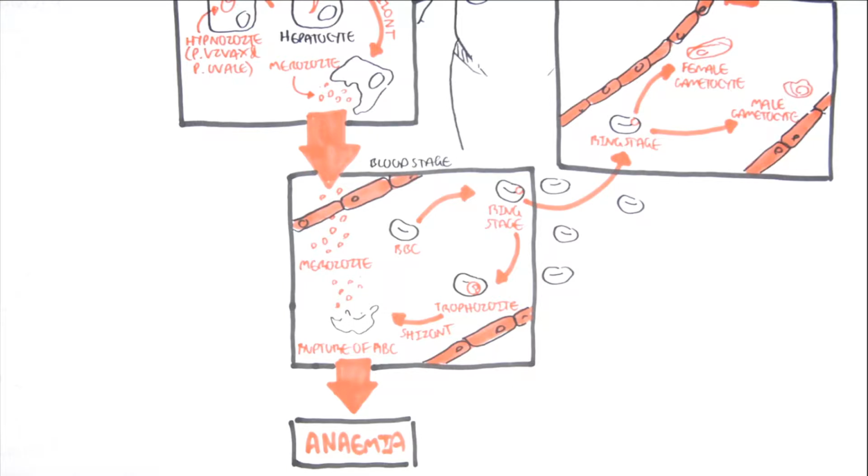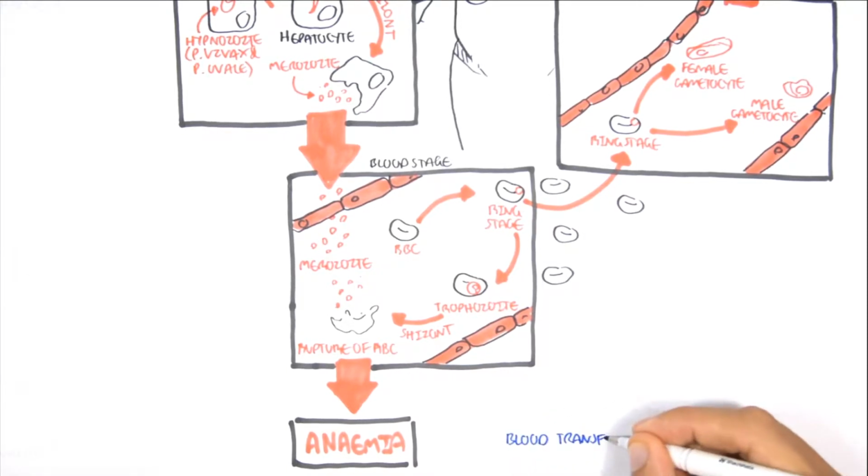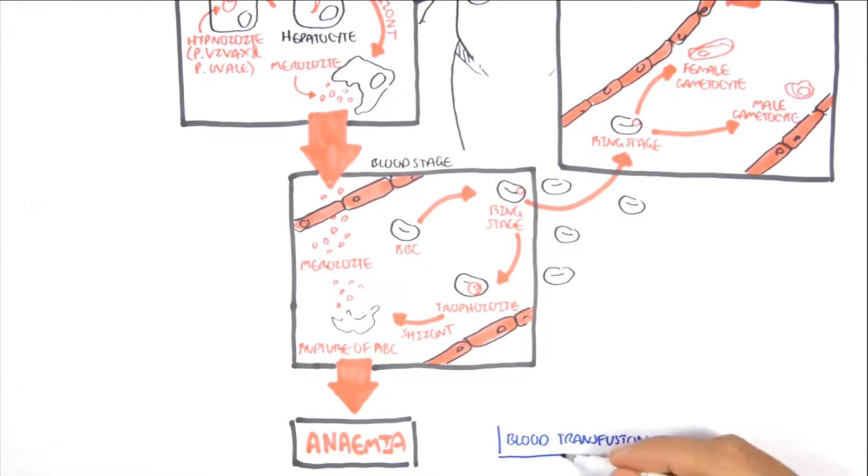We will now look at the pharmacology drugs used for malaria, and their mode of action using this diagram we just drew. I hope this will help. So for serious anemia, blood transfusion can help to replenish the loss of blood.